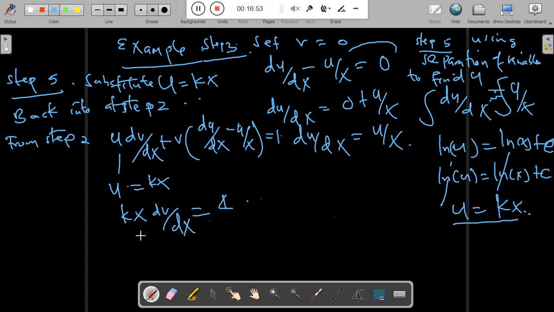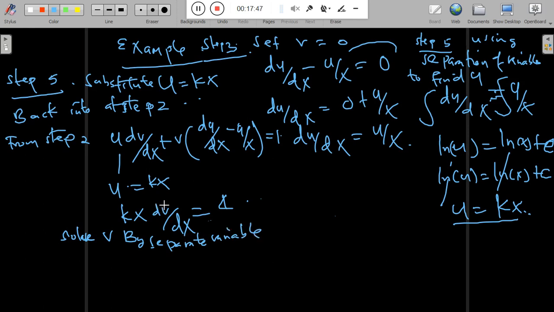So we cross multiply both sides to obtain the actual value of v. So we solve v. That is another step. So how can we solve v? We apply what is known as separation of variables to solve the value of v.